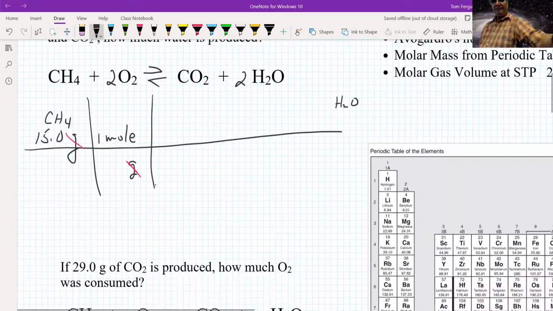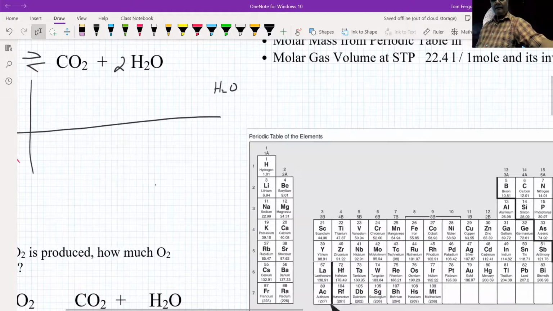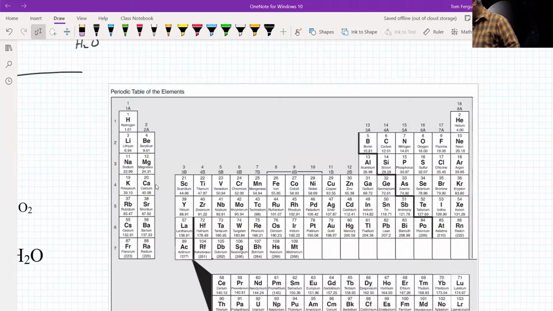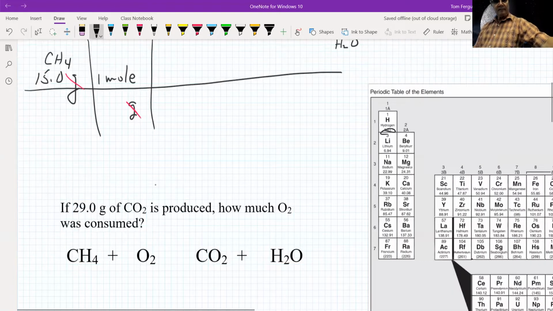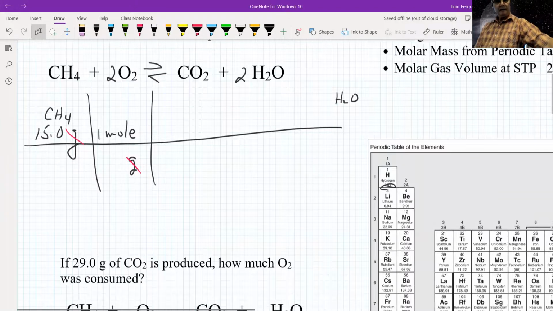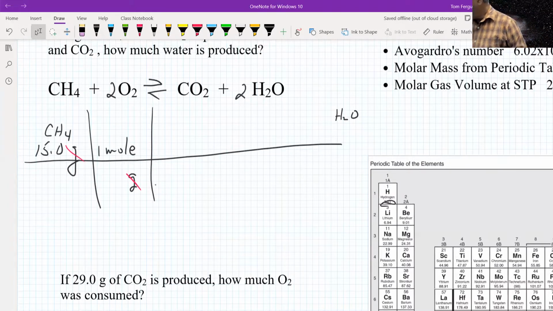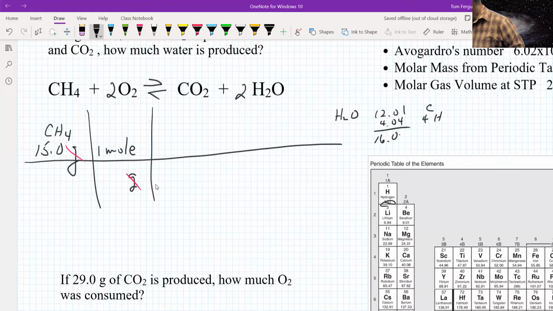Okay, so carbon is 12.01, hydrogen is 1.01. So that's 16.05 grams per mole. And again, that comes from the periodic table.